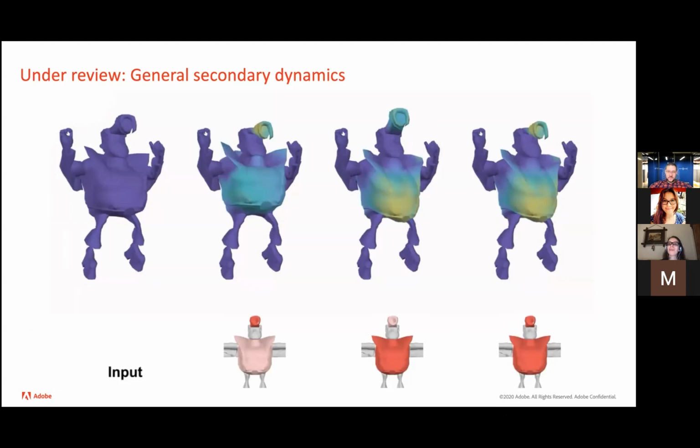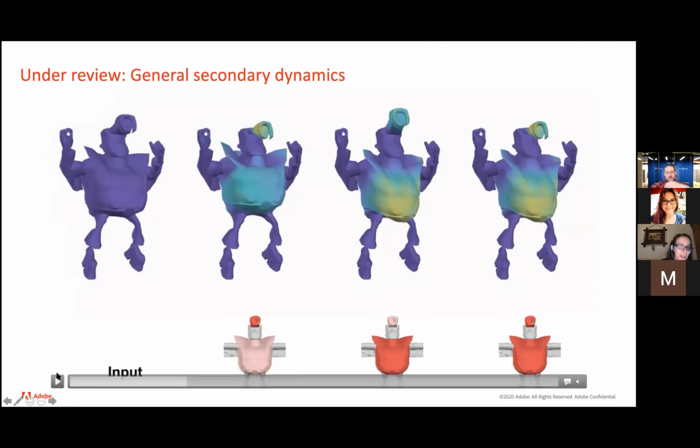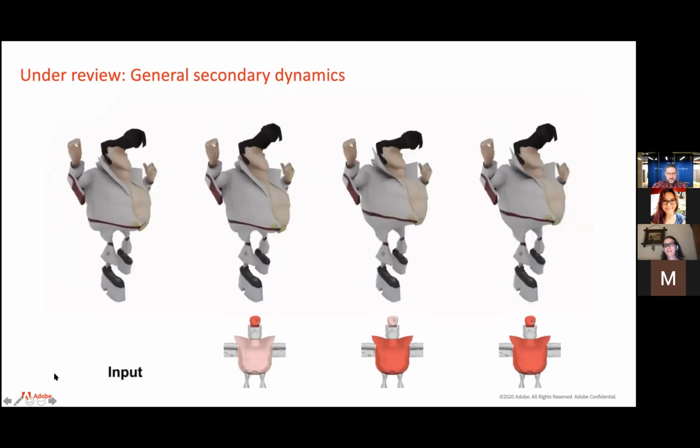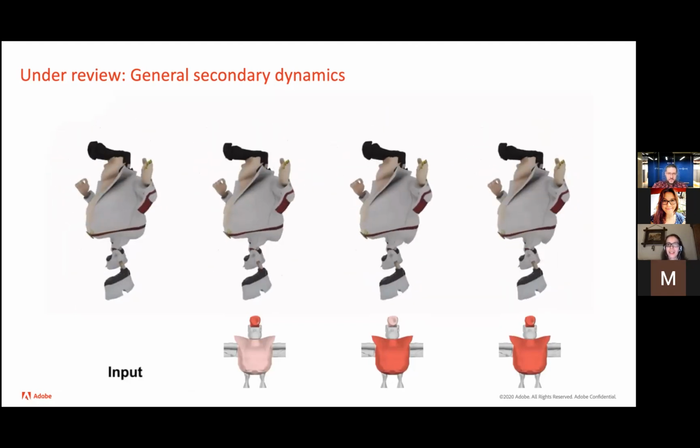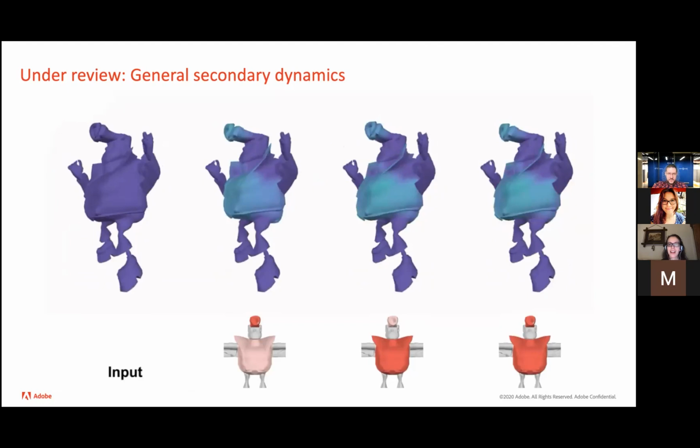So we want to simulate more secondary dynamics. And if the color is lighter red, we want that region to be stiff. So we trained this machine learning method that takes this input and tries to add the secondary motion on top of it. And this is how the results look.